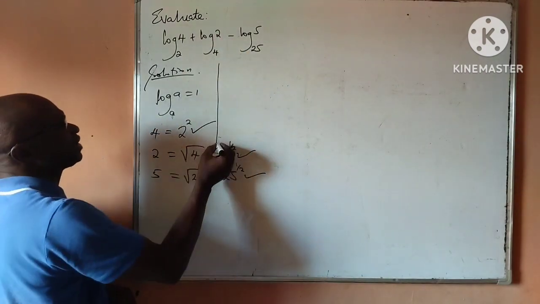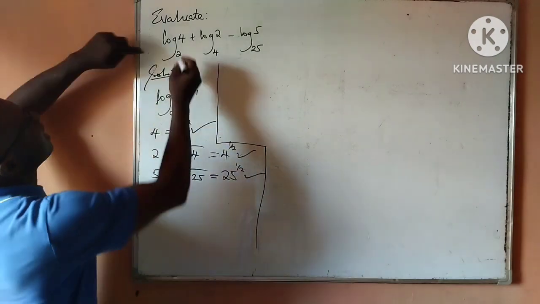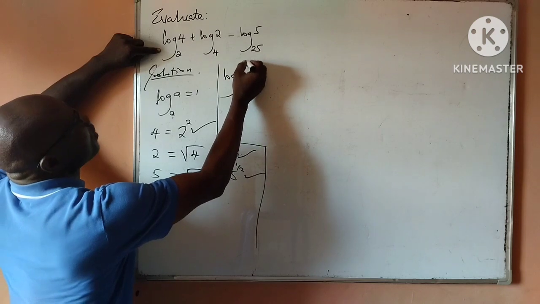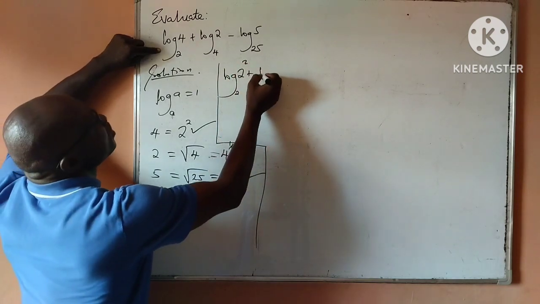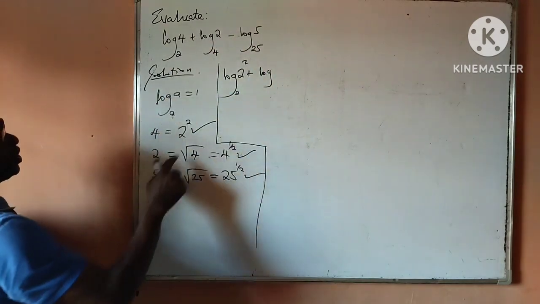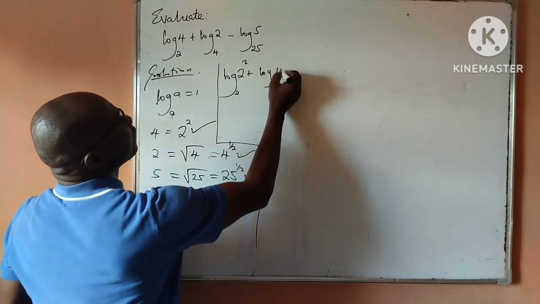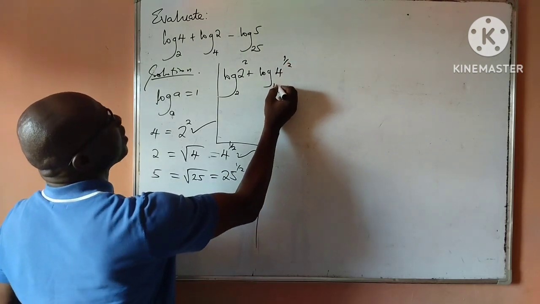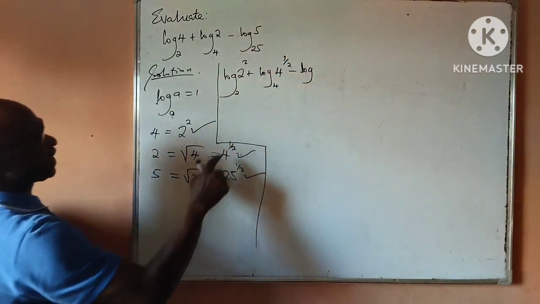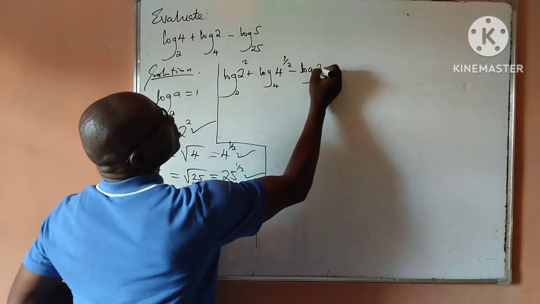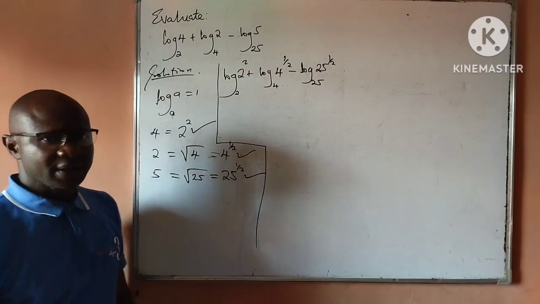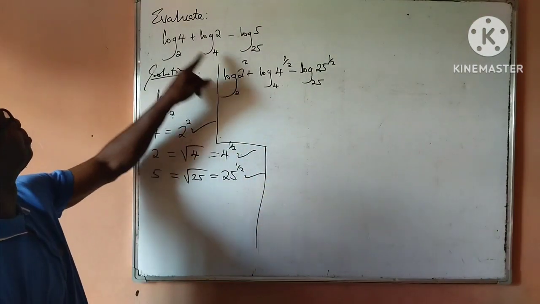Now, applying all these things that I have explained, I will now have this question written as the log of 2 raised to the power 2 base 2 plus the log of 2 now base 4, and that 2 now replaced with the 4 raised to the power half base 4 minus the log 5 to base 25. That 5 will now be written as 25 raised to the power half, then base 25. Remember what I said? I want this place to be 2.